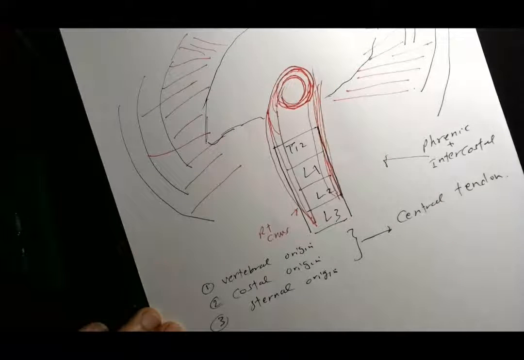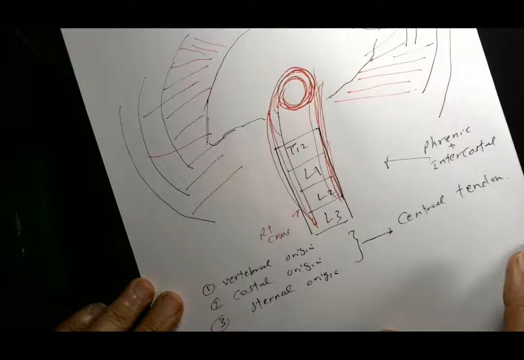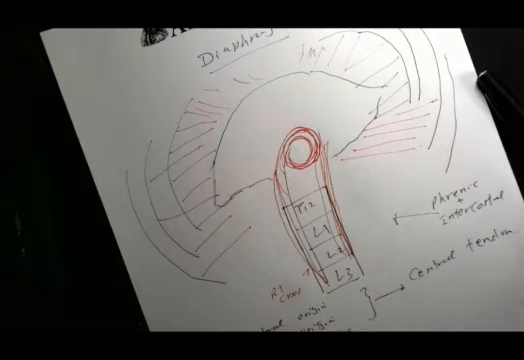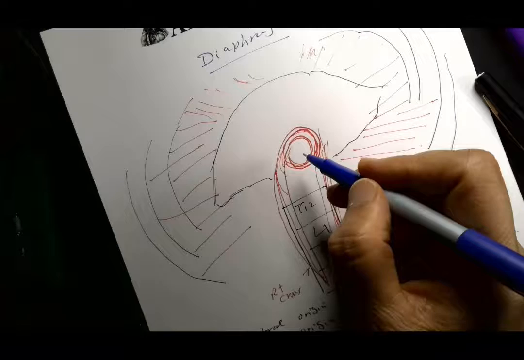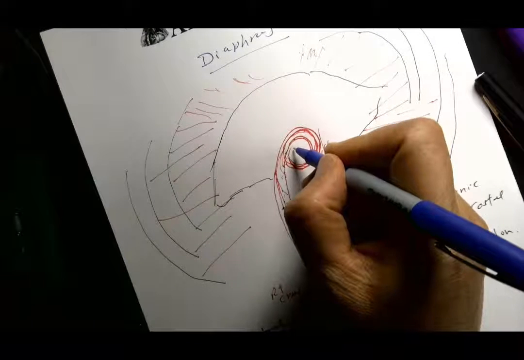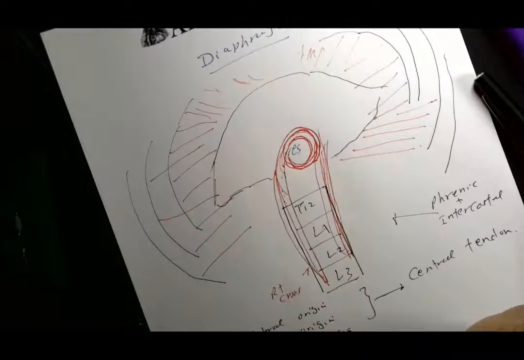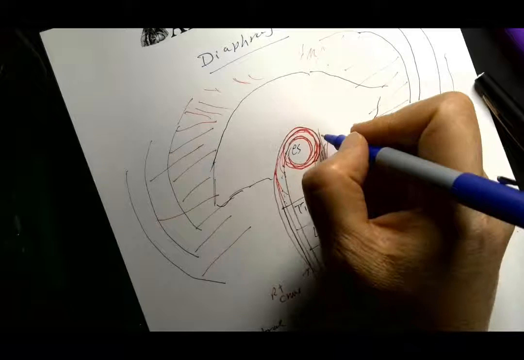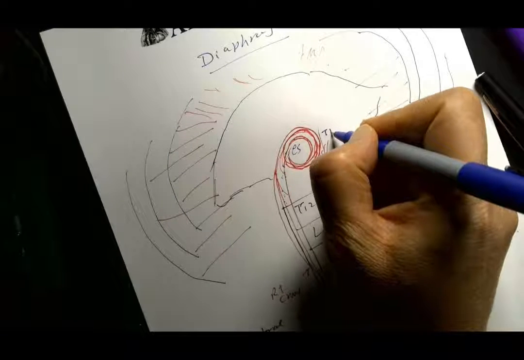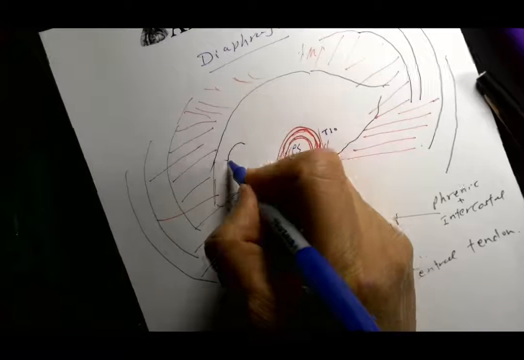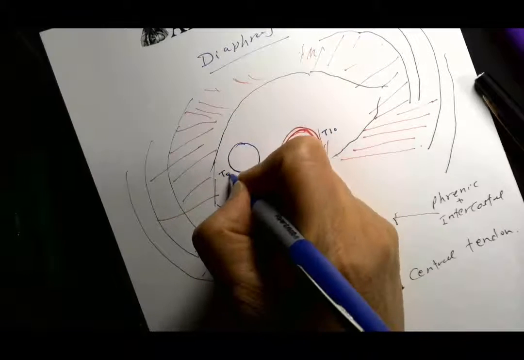Okay, when you look at the diaphragm, you will find that we have three major openings related to the diaphragm. The one surrounded by the right crus is the esophageal opening, which is at the level of T10. The one in the center and to the right side at the level of T8 is the inferior vena cava.